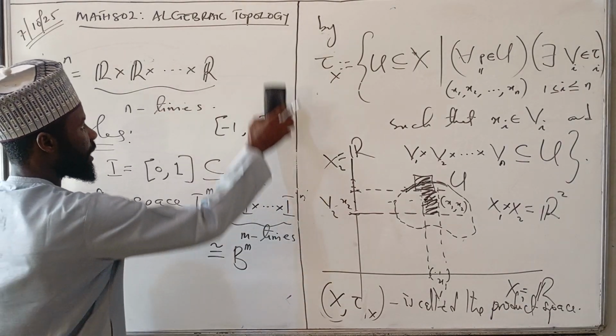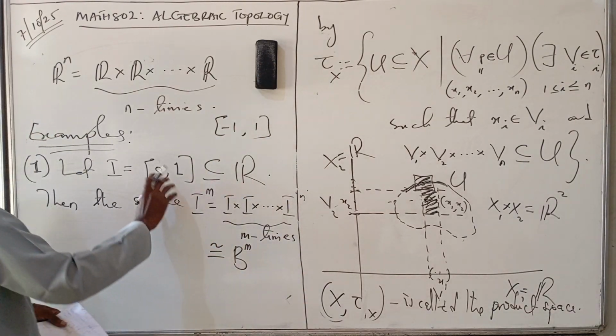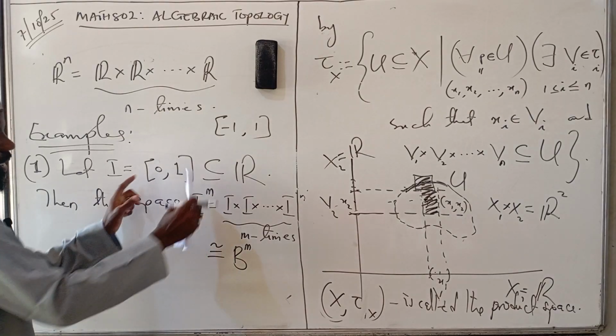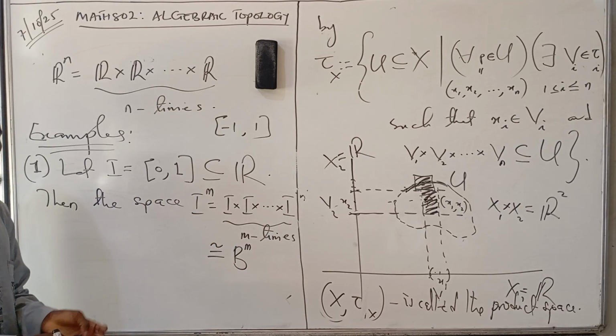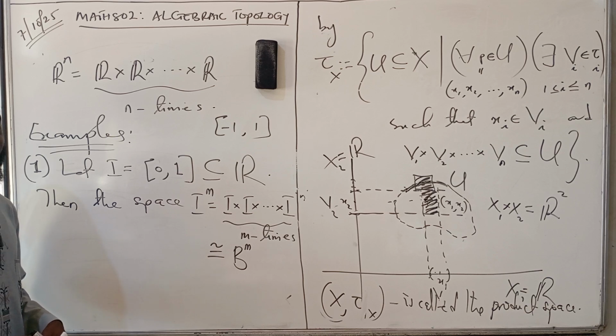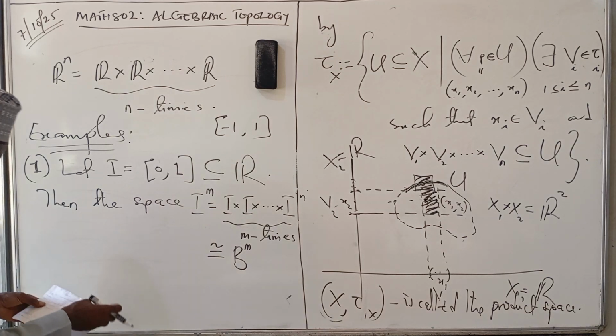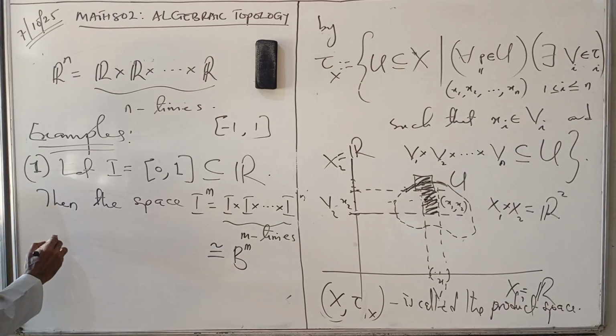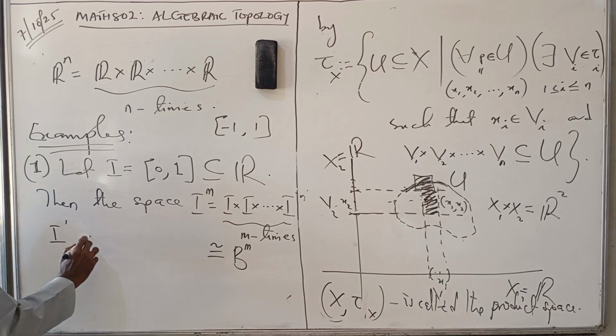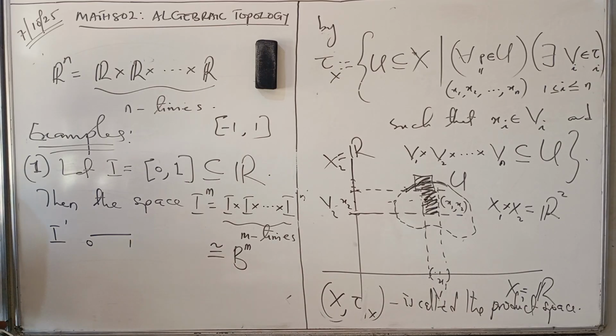But when you visualize this, it is no longer seen as a ball. It's a kind of rounded shape. When you do I cross I, it will look like a square. In fact, you can see that I1 is just this one, 0, 1. But what is I2?